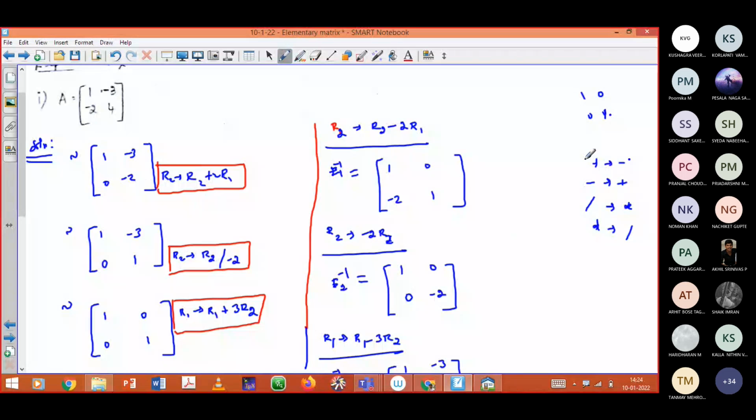These are some rules in the elementary matrices. The connectives between the rows you have to change in order. You should not change minus 2R1 to R1 by 2. If you do that, you will not get the answer. Okay, sir.